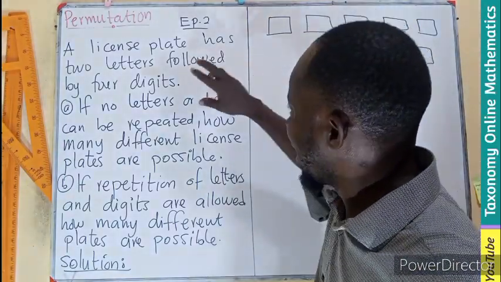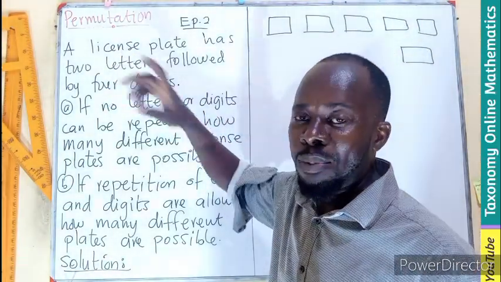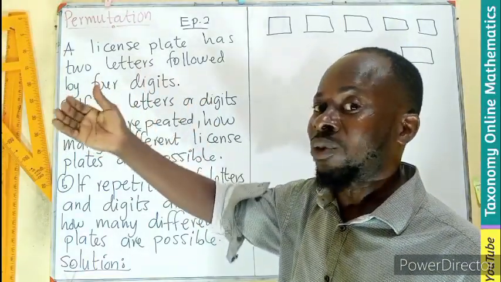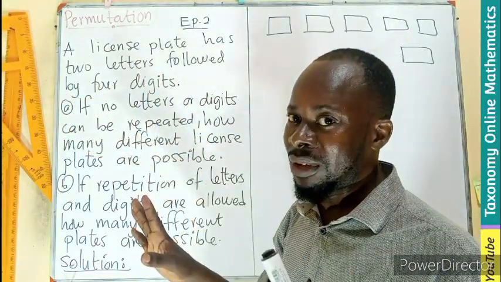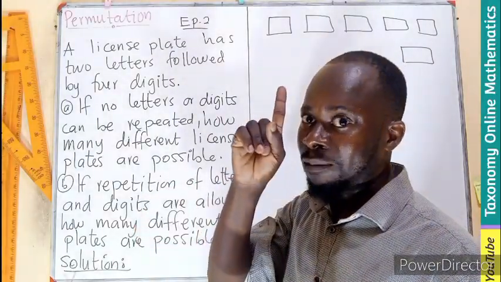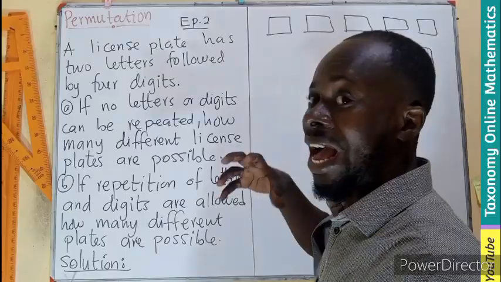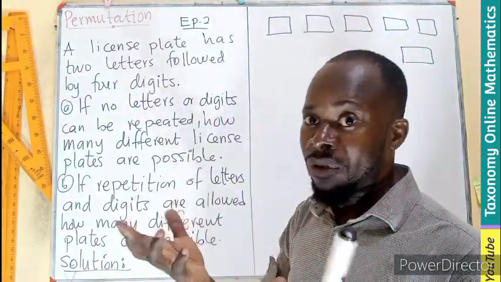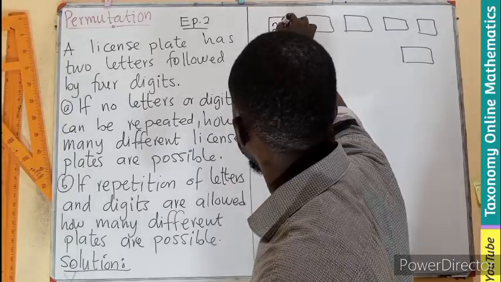Now, for the letters, how many possible outcomes do we have? We have A up to Z. So there are 26 possible outcomes, meaning I can get 26 different ways of selecting the first letter. So if I have up to 26 options to pick from, I'll be having 26.